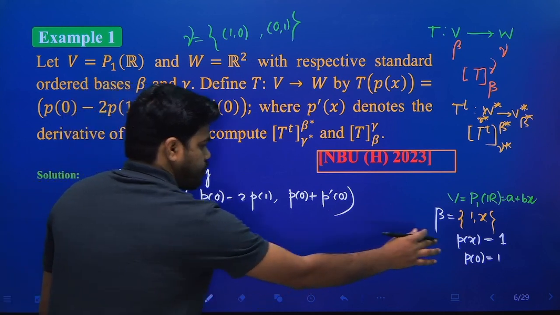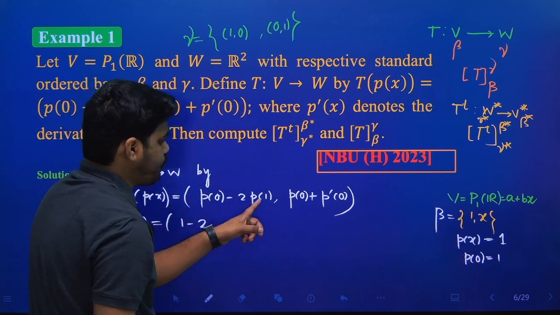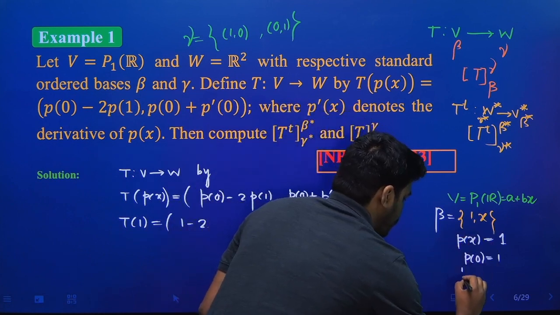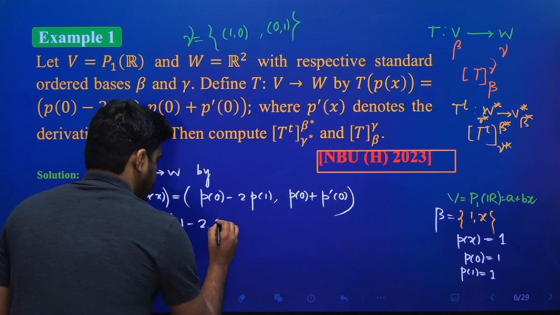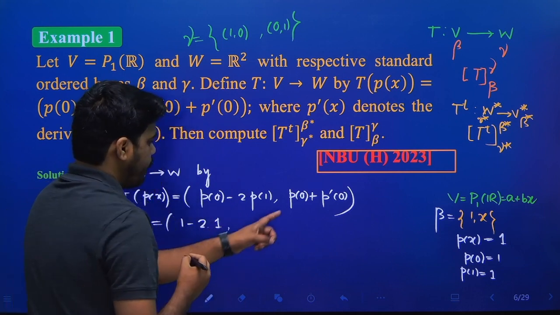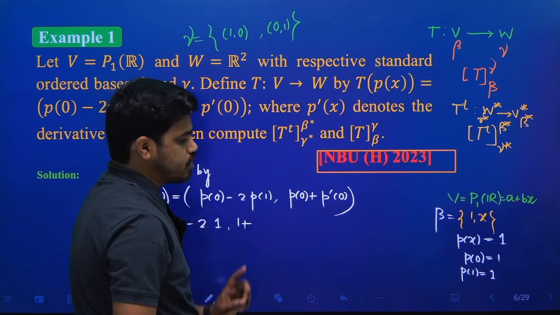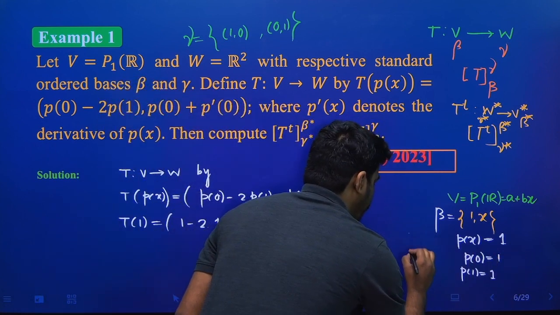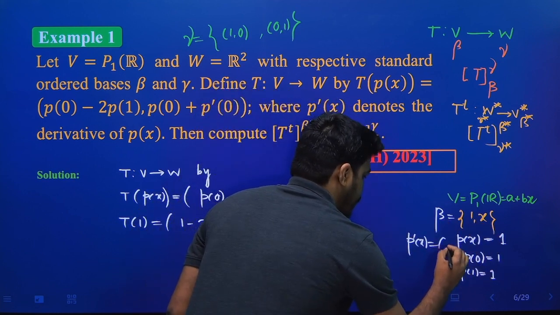So p(0) is 1, so 1 minus 2 into p(1), just you replace x by 1, that is 1, so 2 into 1, comma p(0) is 1 plus p'(0). p'(x) ki hobe, p'(x), that is the derivative of p(x), that is 0.